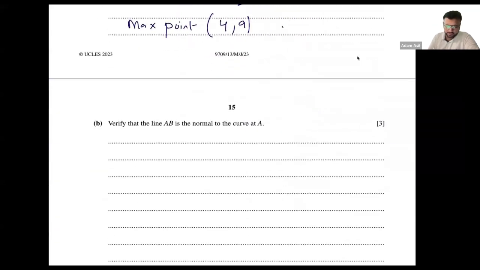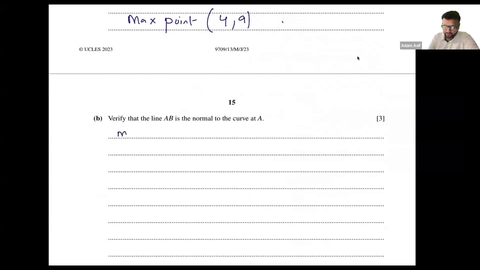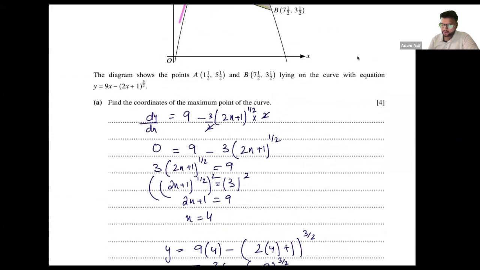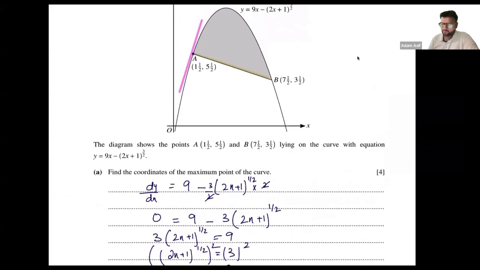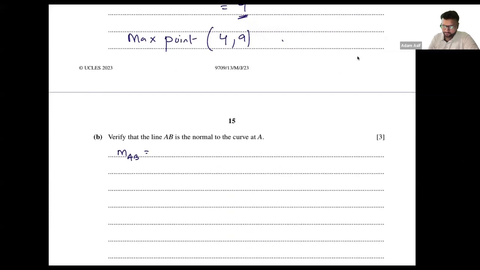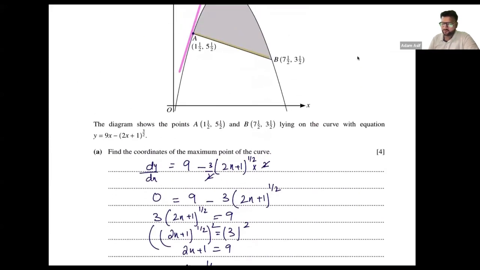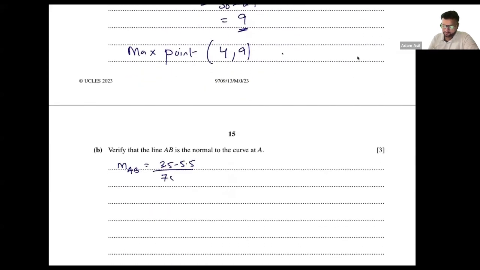So first, let's find the gradient of AB. Gradient of AB is y2 minus y1 over x2 minus x1. So 3.5 minus 5.5 divided by 7.5 minus 1.5, that's negative 1 upon 3.